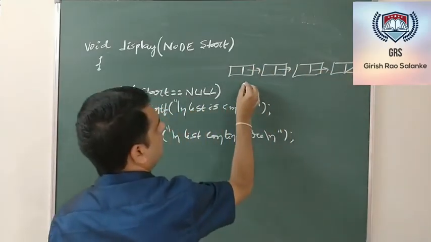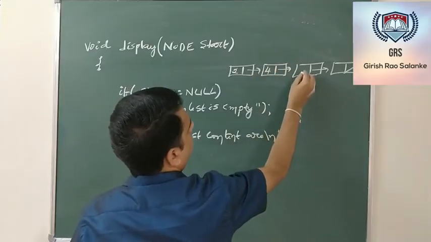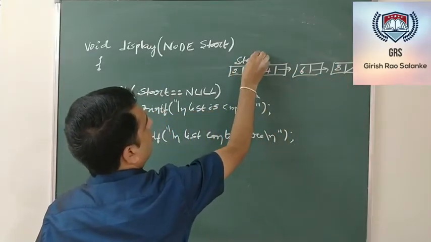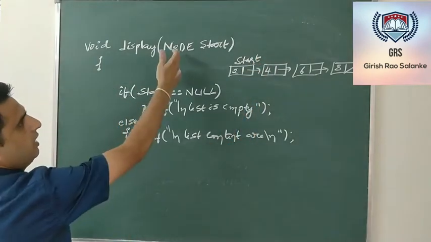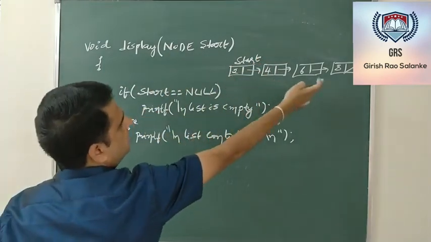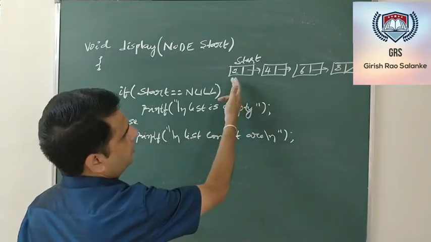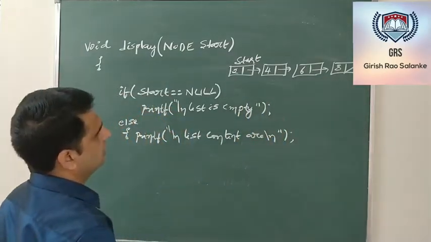Last node link is null. 2, 4, 6, 8 is the information. This is my start. This is the list that is given to me, and I am supposed to perform the display operation. I need to display 2, 4, 6, 8.